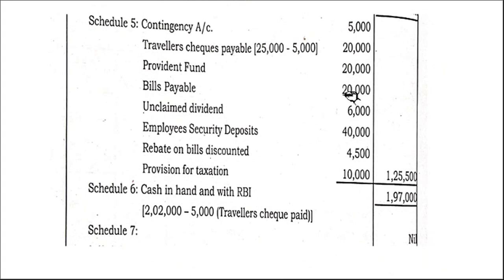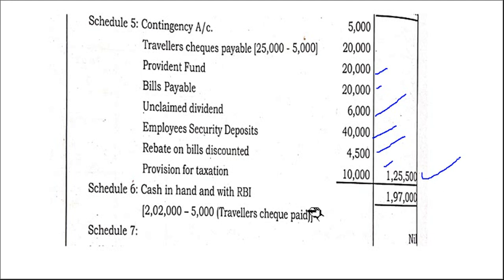Clear? Provident fund, bills payable, unclaimed dividend, it is given in the problem. Then employee security deposits, rebate on bills discounted, provision for taxation. So total of all these will be 1,25,000. This we have to take for schedule 5.